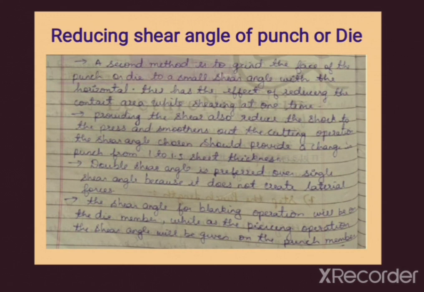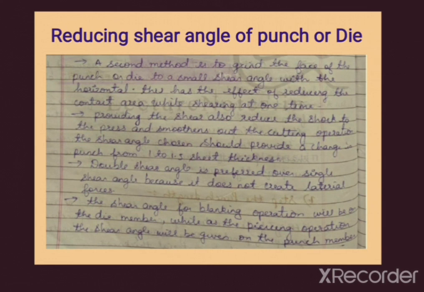The second method is to reduce shear angle of punch or die. The second method is to grind the face of the punch or die to a small shear angle with the horizontal. This has the effect of reducing the contact area which is shearing at one time. Shear also reduces the shock to the press and smoothens out the cutting operation. The shear angle chosen should provide a change in punch of 1 to 1.5 sheet thickness.